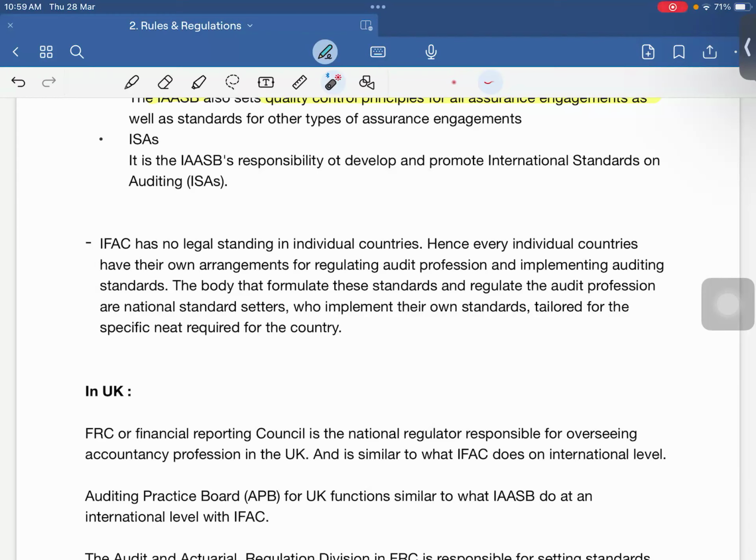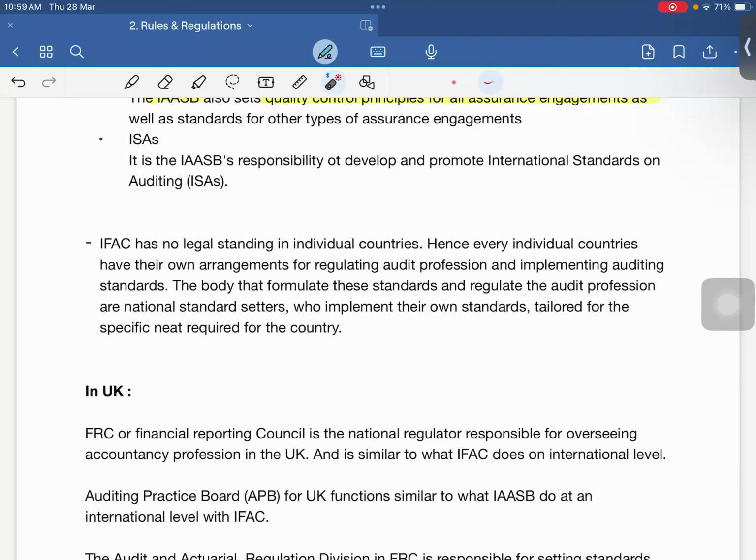That means all the countries would have their own regulatory body. Even though ACCA is recognized by everyone, everyone would have their own regulatory bodies. And you must understand ACCA differs from ICA because ICA is only exercised in India, whereas ACCA is exercised in 180 plus countries.